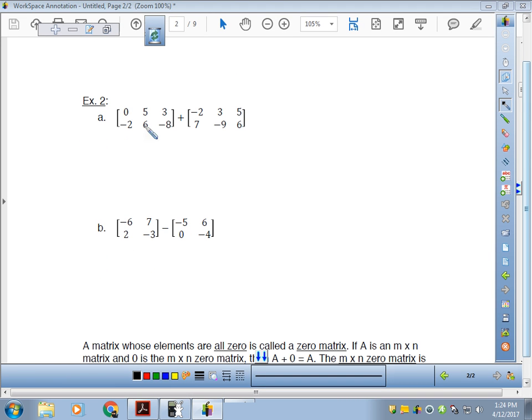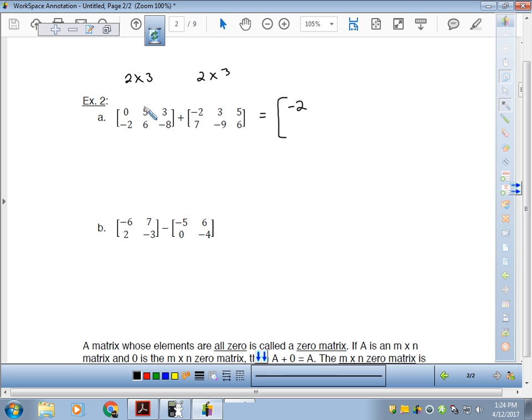We have a matrix 0, 5, 3, negative 2, 6, negative 8, and another one, negative 2, 3, 5, 7, negative 9, 6, and we want to add them. Well, this matrix has 2 rows and 3 columns. This one has 2 rows and 3 columns. So they are the same size, so I can add them together. So when I add them together, I'm going to take the first element here and add it to the first element here. So 0 plus negative 2 gives me negative 2.